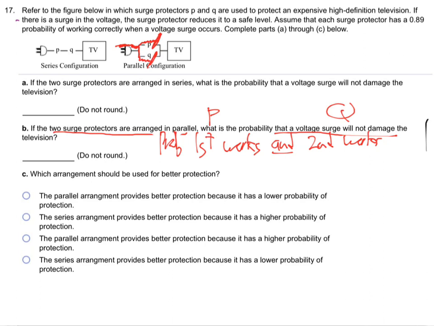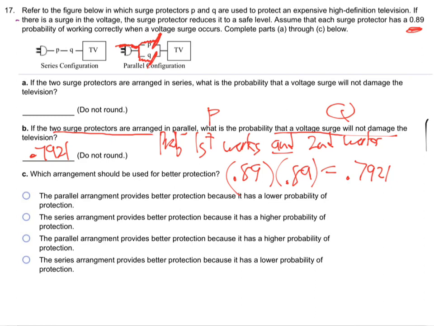Well, what's the probability the first one works? 0.89. That's the probability it works, and the other one 0.89. So it's 0.89 times 0.89, which comes out to be 0.7921. 0.7921 is the chance they're both working and thus block the surge to the TV.